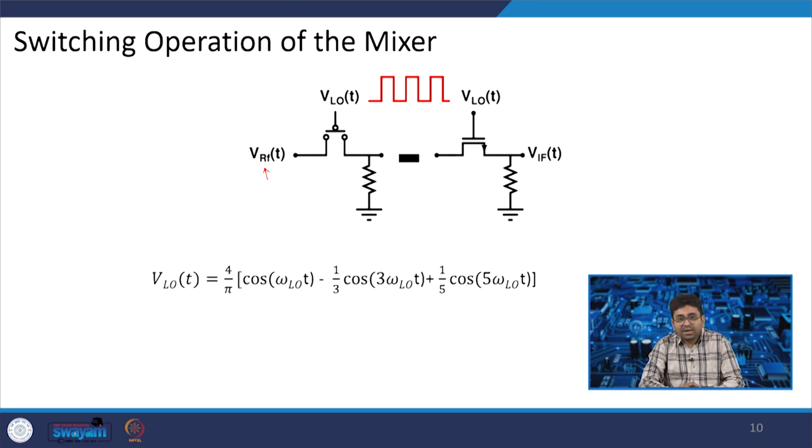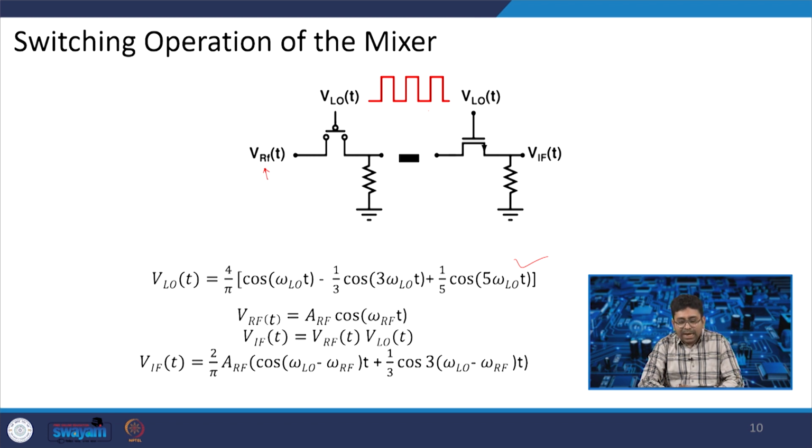We can write the square wave VLO(t) as a Fourier series up to the fifth harmonic of omega LO, given by 4 by pi cos omega LO t, minus 1 third cos 3 omega LO t, plus 1 fifth cos 5 omega LO t. Now, we multiply with VRF, that is A_RF cos omega RF t.